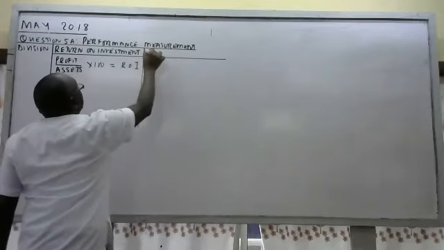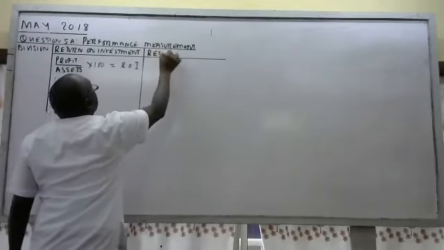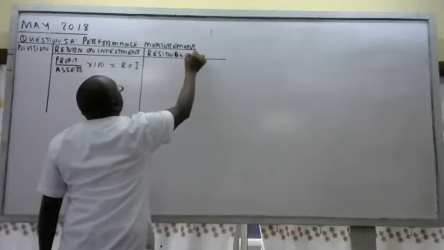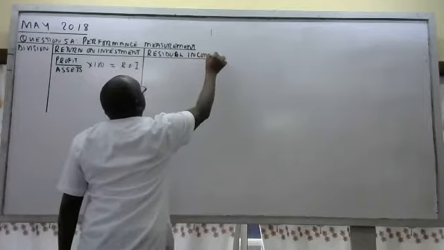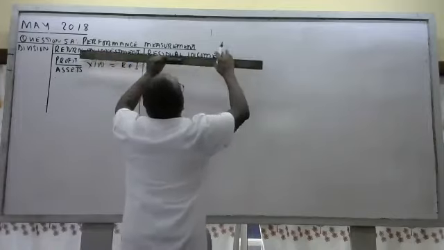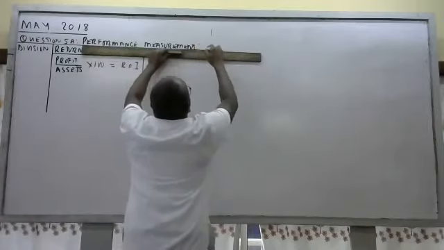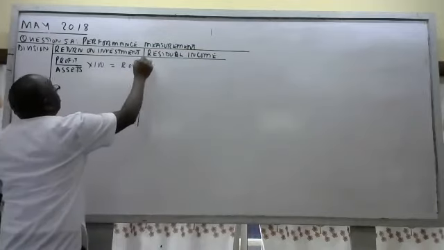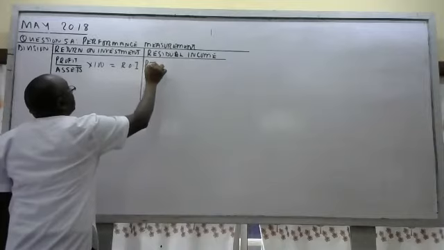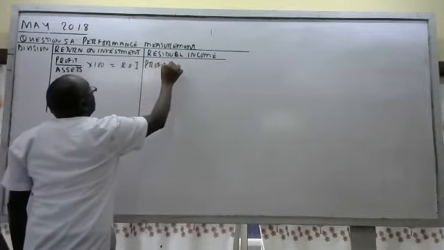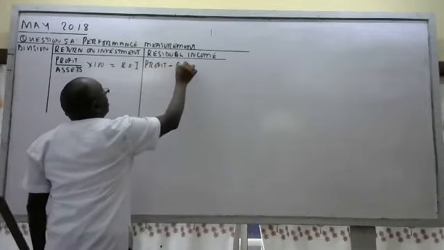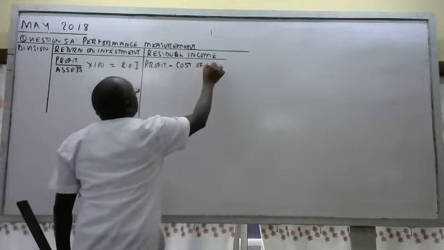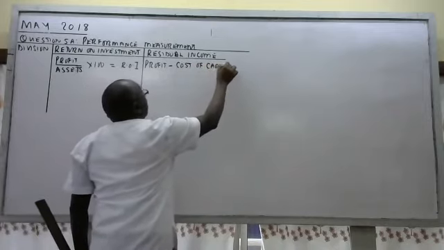Then we have residual income. So residual income, you know it is profit minus cost of capital.